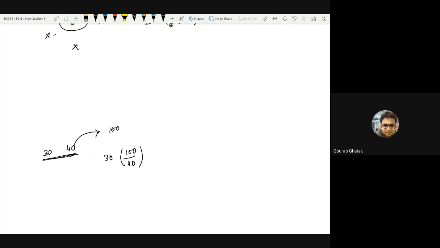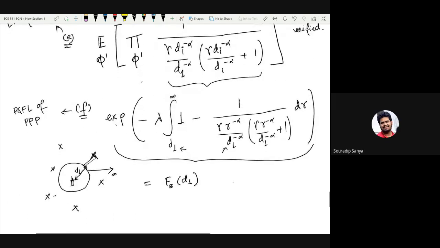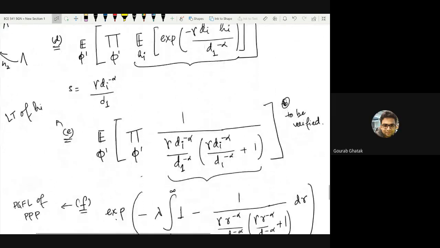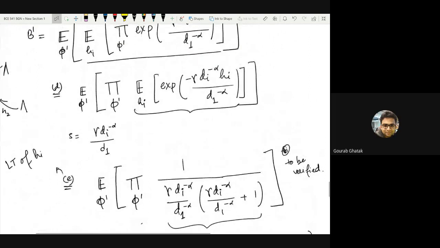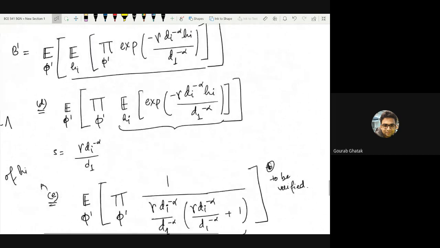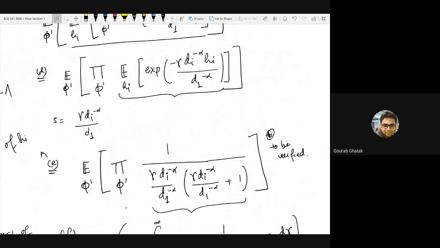Sir, can you scroll up a bit? Yeah, further up. About the exponential, the Laplace transform thing. So I deleted that part, I guess. So it's this part which is to be verified. Okay. I'll do it on my own. Yeah.